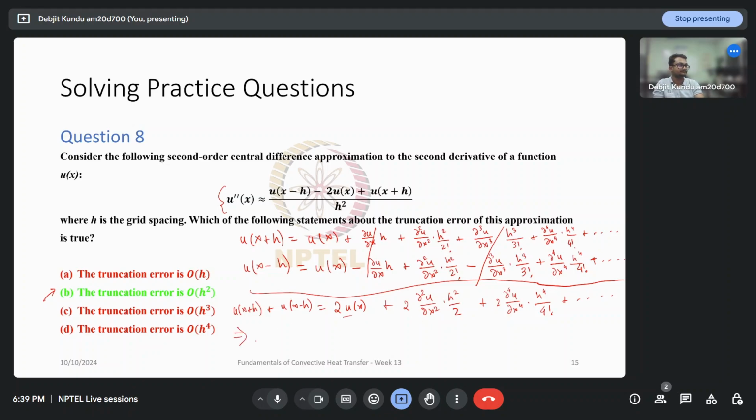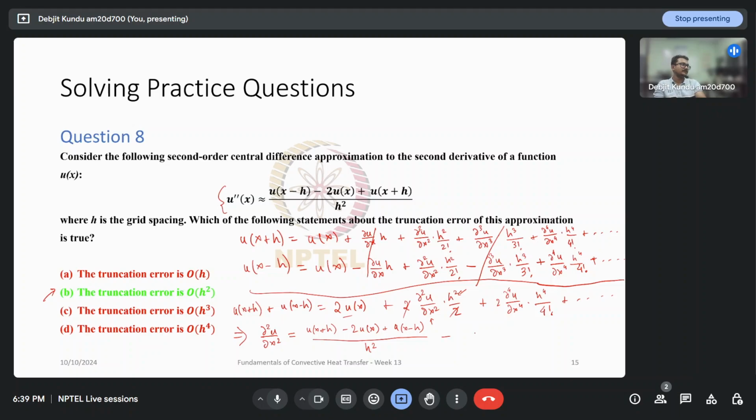With a little bit of algebraic manipulation, I'll cut these 2's off, and what I need to determine is this second order derivative. So the second order derivative dou 2u dou x square can be written as u(x plus h) minus 2u(x), because we are sending this over to the left hand side, plus u(x minus h), and we are dividing it by this h square.